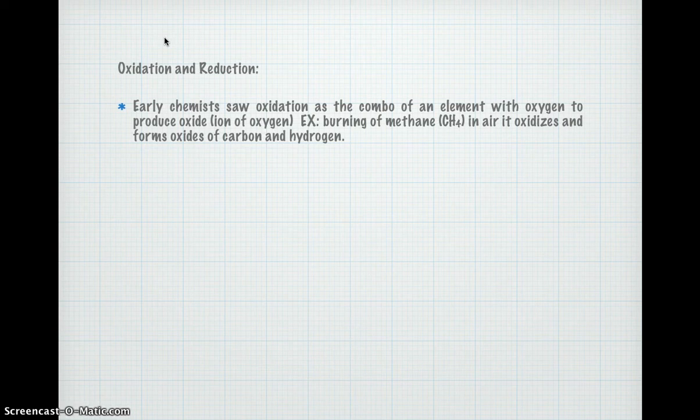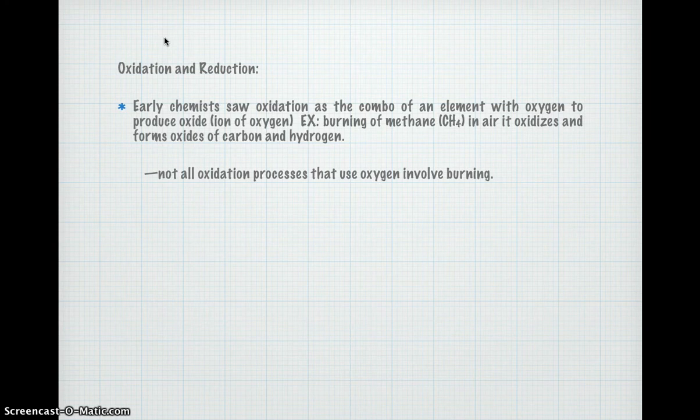Early chemists thought that oxidation was just a combination of an element with oxygen to produce an oxide, so an ion of oxygen. Early chemists saw oxidation as the combination of an element with oxygen to produce an oxide. An example would be the burning of methane, which is CH4, in the air. It oxidizes and forms oxides of carbon and hydrogen.